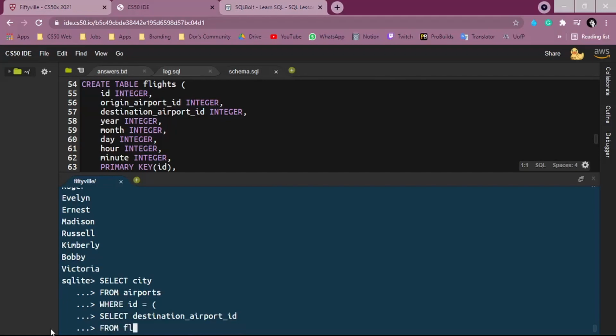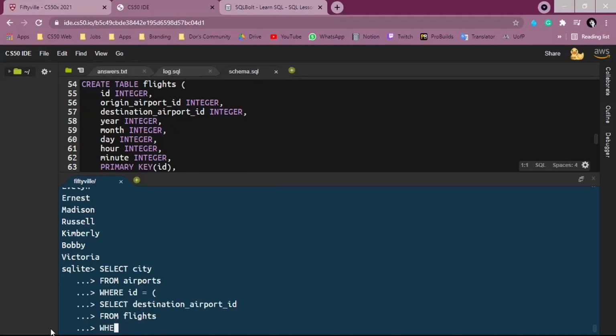from the flights table, okay, where we know that year is equal to 2020 and month is equal to July, that's 7, and day is equal to 29, that is the day after the day of the fifth.